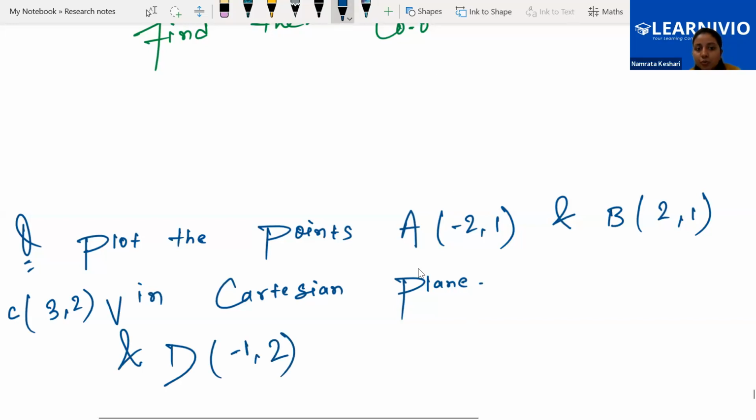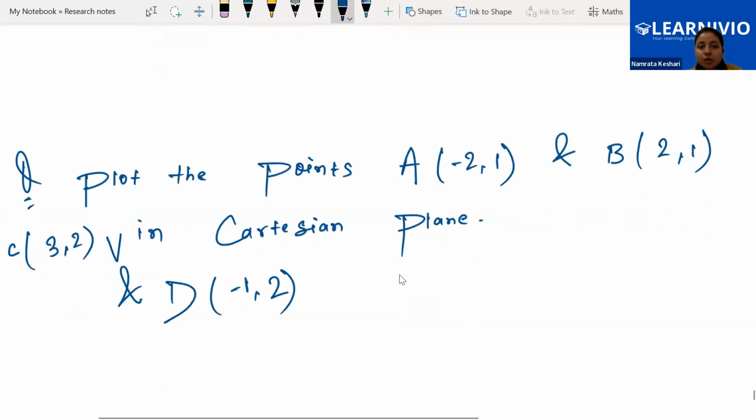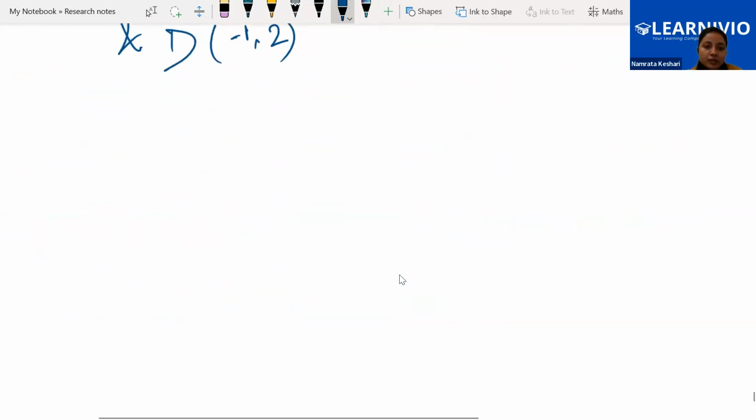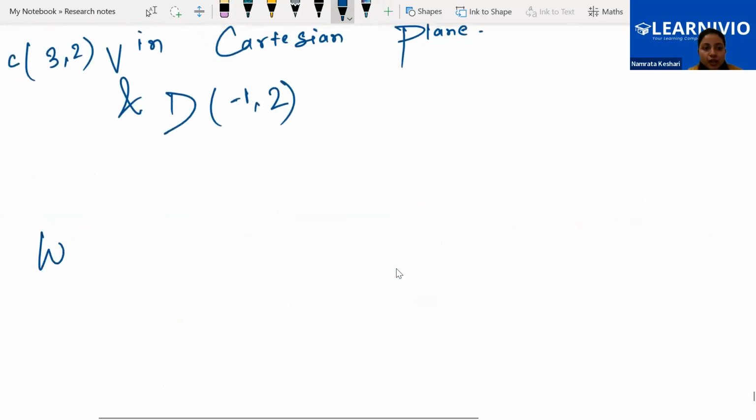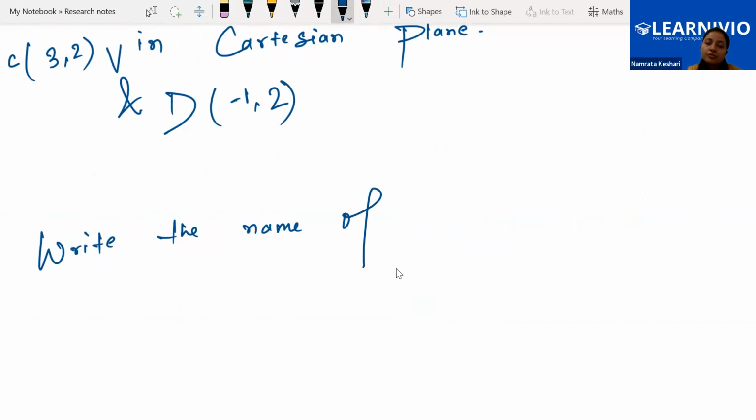Okay, these are the 4 points A, B, C, D, which we have to locate on the Cartesian plane and write the name of the figure.